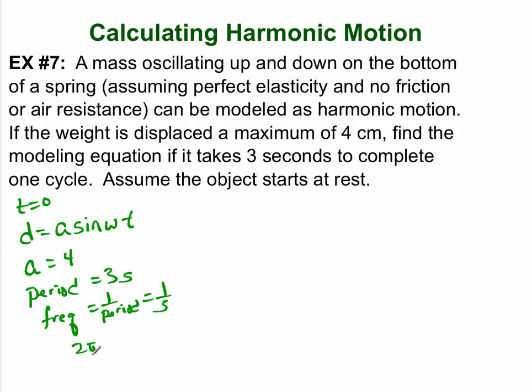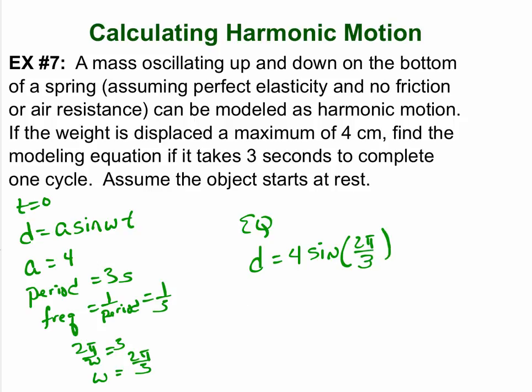So I have 2 pi over omega is equal to 3. So omega is equal to 2 pi over 3. So the modeling equation is d = 4 sine (2 pi over 3)t.